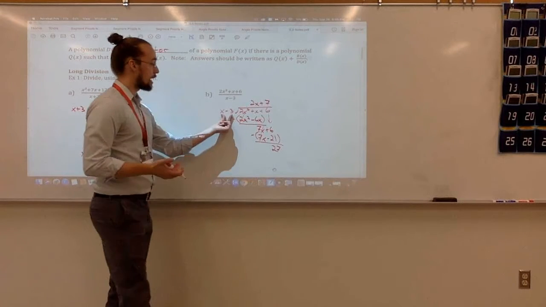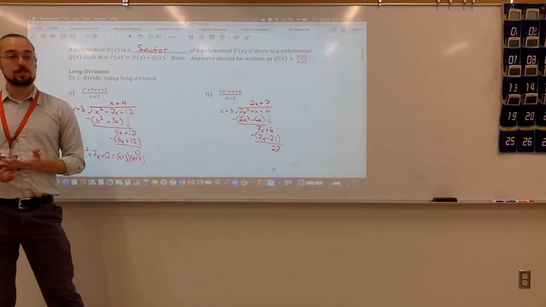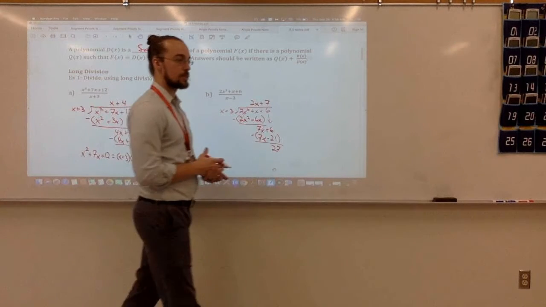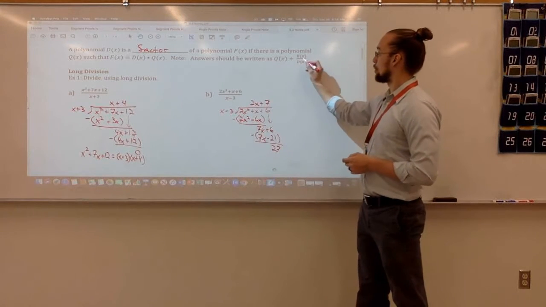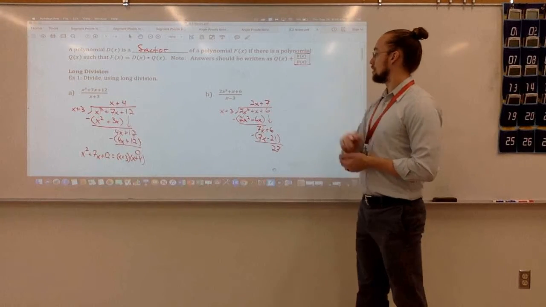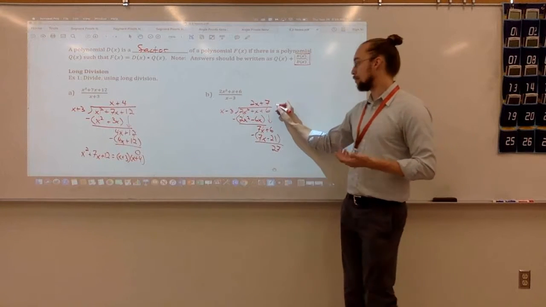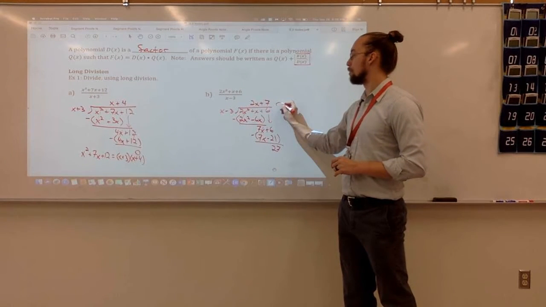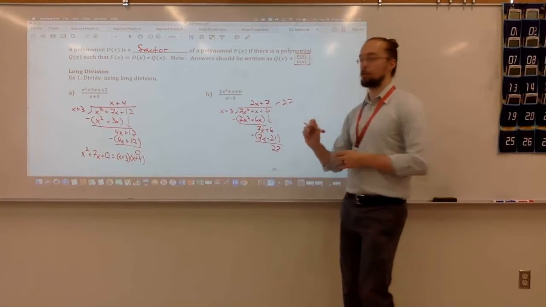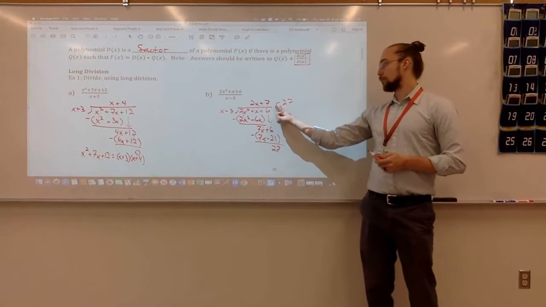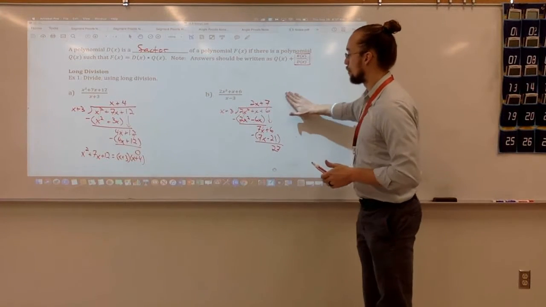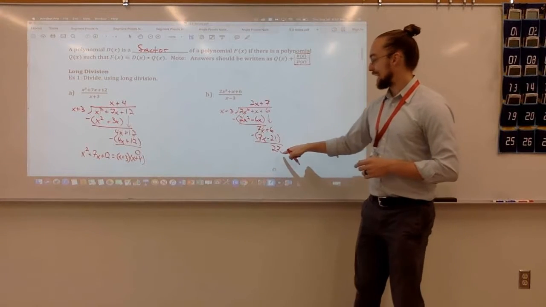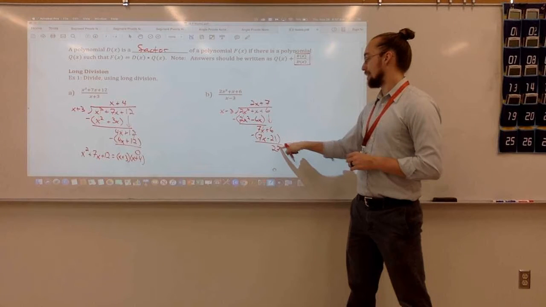So, in this case, x minus 3 is not a nice factor of 2x squared plus x plus 6. What this means is, if I get a remainder, we're going to write it like this. If you remember back to 3rd or 4th grade when you did long division, you wrote remainder of 27 like that. For polynomials, the way that we're going to write remainders is put 27 over x minus 3.